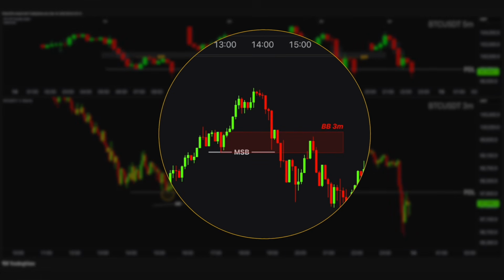Breaker blocks are basically just a fancy name for support and resistance flip zones. If you look closely at what is happening here, it is really just an SR flip and nothing more. Additionally, price is also coming right into the EQ point of our premium and discount zone.